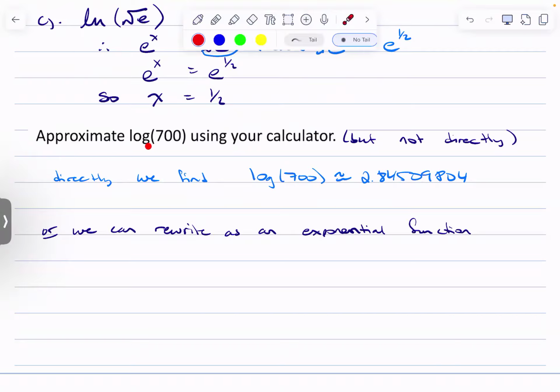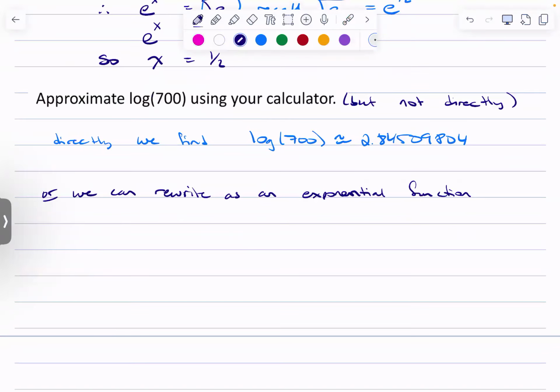Log base 10 of 700 is equal to x. So 10 to the x must be equal to 700, just from how 10 to the x works, right?